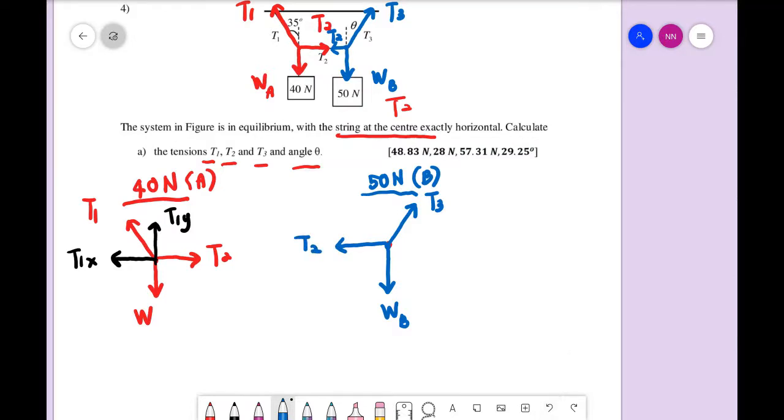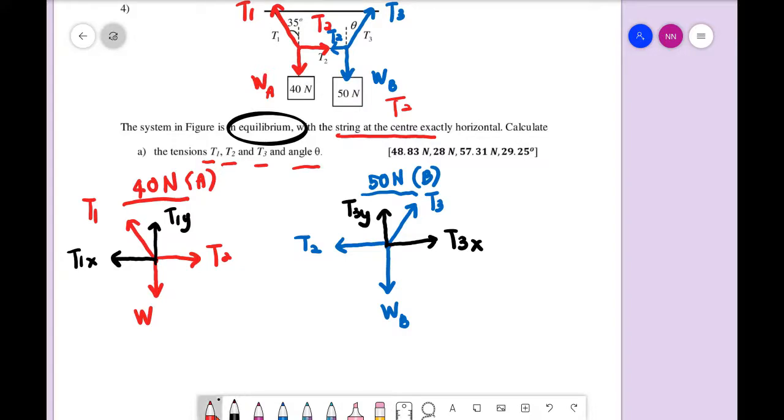T3 is tilted, so we have to resolve it into an x component, T3x, and a y component, T3y. Now we want to apply Newton's law. It states that the system is in equilibrium, so net force x equals 0 and net force y equals 0 for both objects.